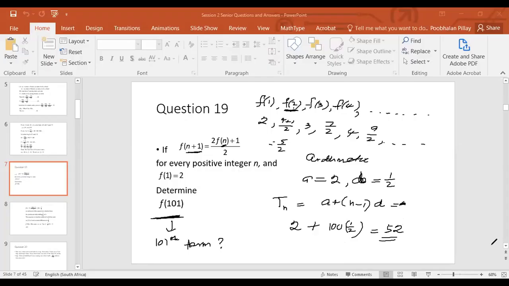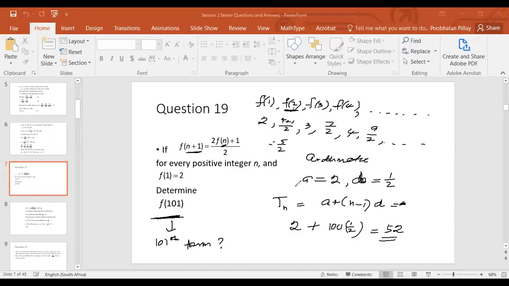There is something that I need to say here, because you guys are Olympiad students. There is a flaw in this argument. The flaw in this argument, is there anybody who wants to tell me what you think the flaw is? All right, so let me tell you.